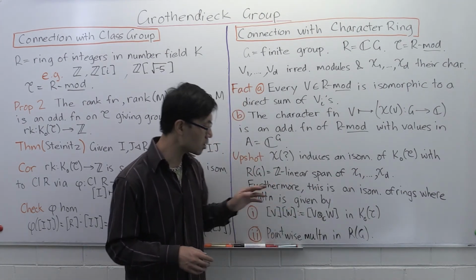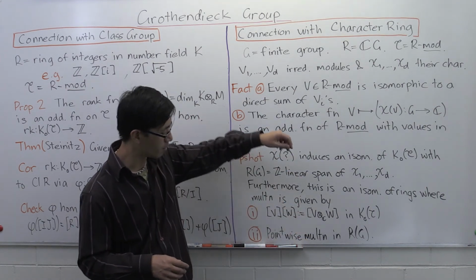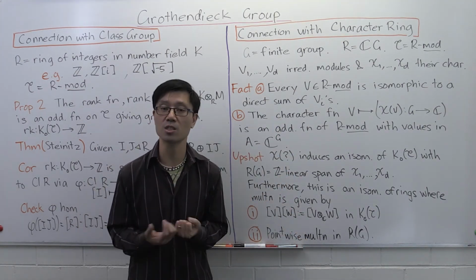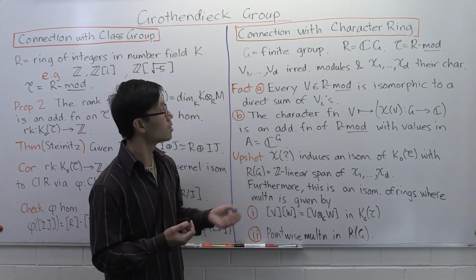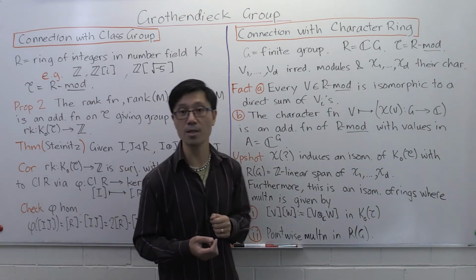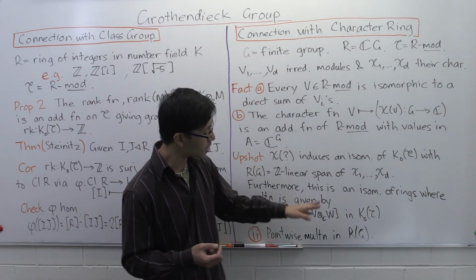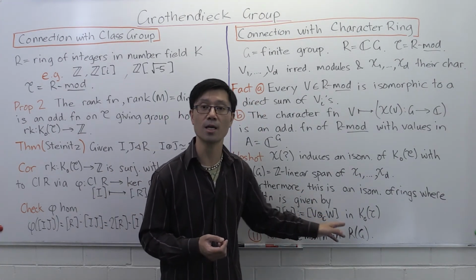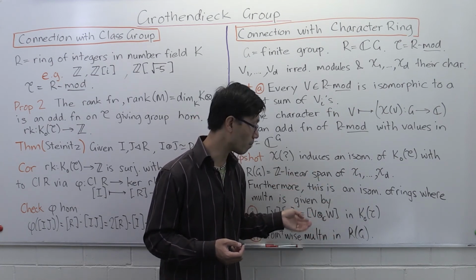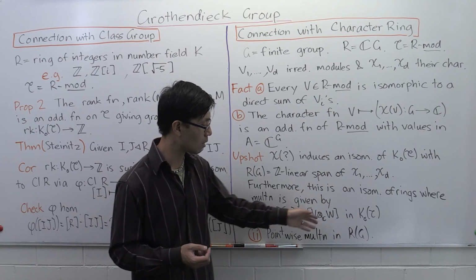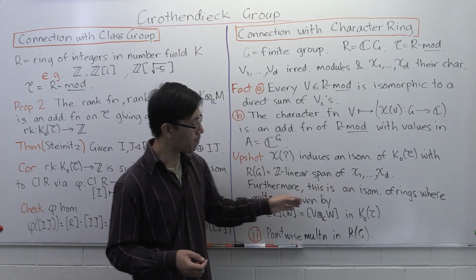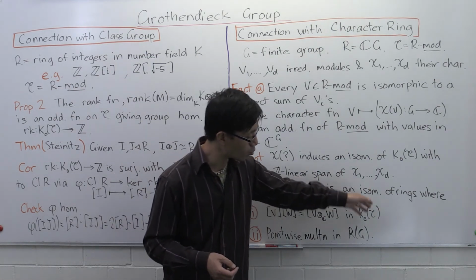But what about inside the Grothendieck group? Suppose you have the class of V times the class of W. V and W essentially just are R modules, so just representations of G over the complex numbers. Well, you can take the tensor product of these two representations over C, and this is also a G module, a complex representation of G. So you can look at the class of that, and it's quite easy to see that you'll get a ring structure on this.